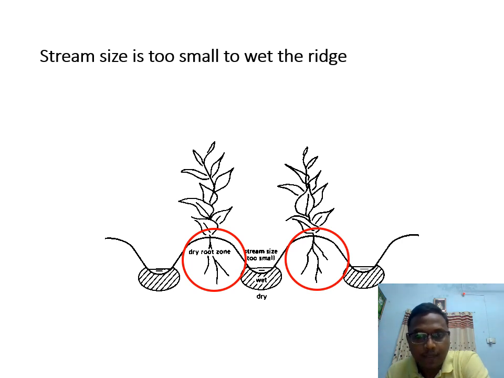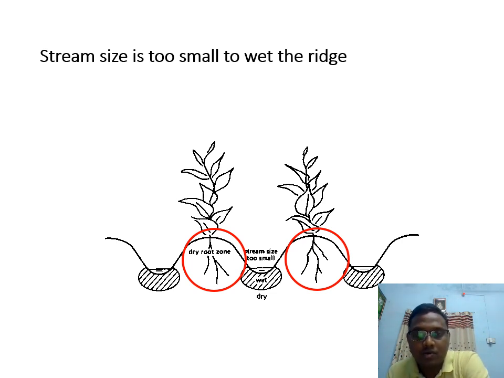This is the furrow, and you can see there is very low discharge, so there will be less infiltration, wetting only a small area of the furrow. This wetting pattern will not be sufficient to wet the root zone area.